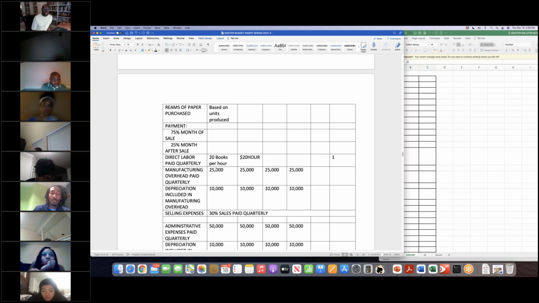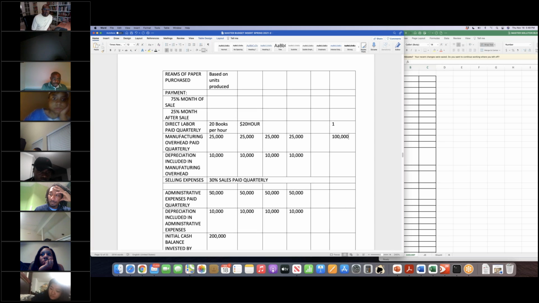Manufacturing overhead is always fixed, so I got to add these together to get 100,000. I'm just concerned about the total overhead. Administrative expenses are fixed, so I got to add them to get 200,000. The selling expenses are 30% of sales.